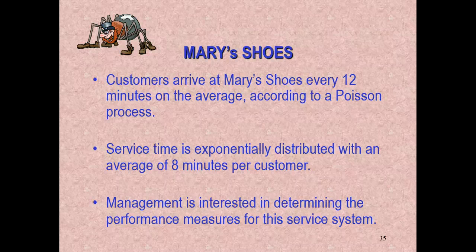Cross multiply, I get 8 mu is equal to 60. Divide both sides by 8, I get mu is equal to 7.5. Is it 7.5? Yes, okay. So I have everything I need. I know it's an M/M/1 queue, I know my lambda is 5, and I know my mu is 7.5.